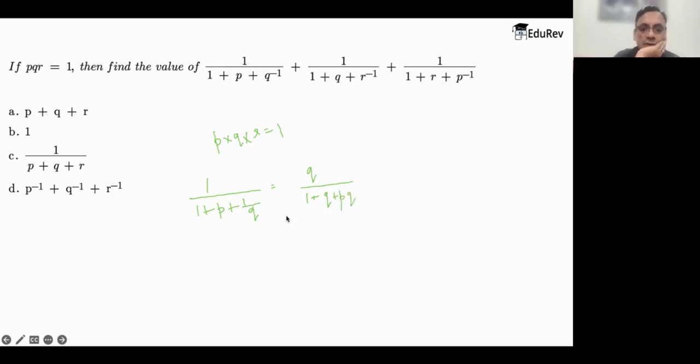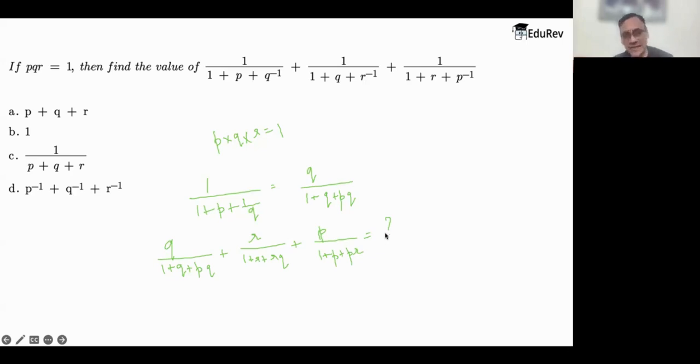Okay, so the whole, all three, if you look at, will be Q upon 1 plus Q plus PQ, plus the second term will be R upon 1 plus R plus RQ, plus, sorry, P upon 1 plus P plus PR, right? And this is what we have to find out. And we know that P into Q into R is 1. But if I am going to take this LCM, this is going to be a fairly complex question, right?